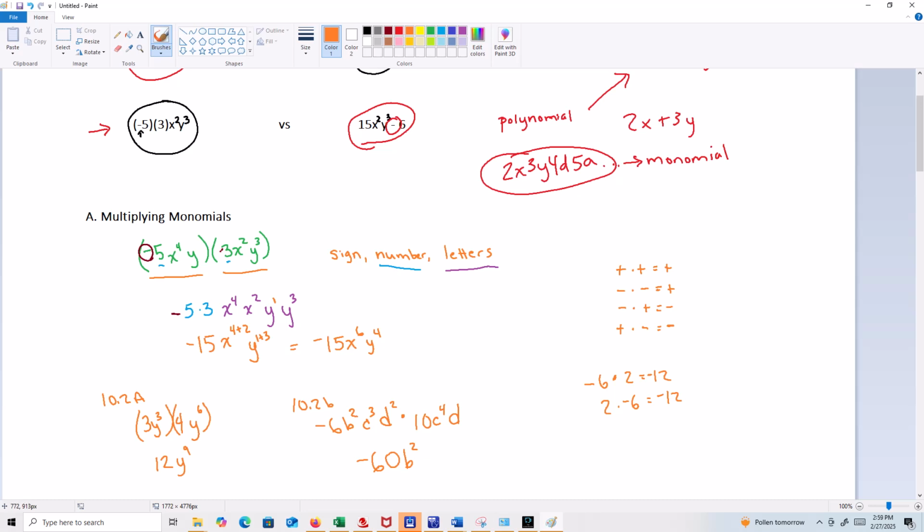So we need to add the 3 and the 4 together, and we get c to the 7th. And then we have d squared in the first monomial and d to the first power in the second. So we are going to add those two exponents and get d cubed.